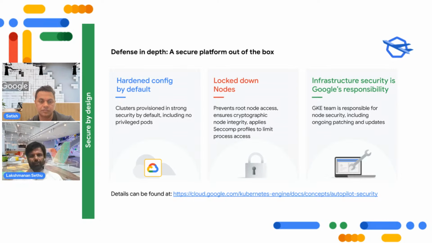Again, infrastructure security is Google's responsibility. Patches, for example, your cluster has many nodes, and node operating system updates and all those things are taken care of by Google SREs, so you can focus on your work. You can see how much time you save by going secure by default when customers enable GKE Autopilot.